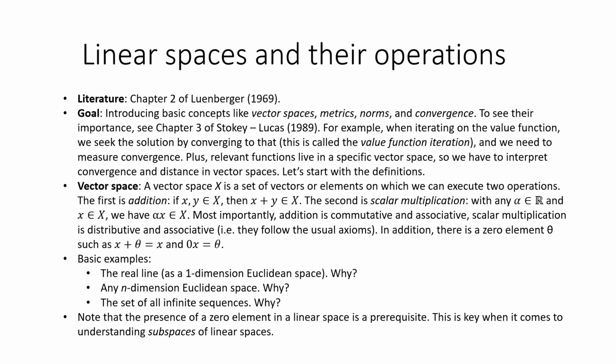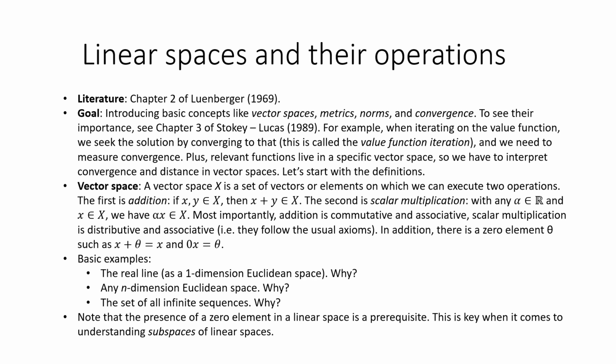The real line or the one-dimension Euclidean space is a vector space because if we add up two real numbers, we receive a real number. So with respect to addition, the real line as a vector space is closed. And if we multiply any real number with a scalar, which is also a real number, we receive a real number. So the real line is closed with respect to scalar multiplication.